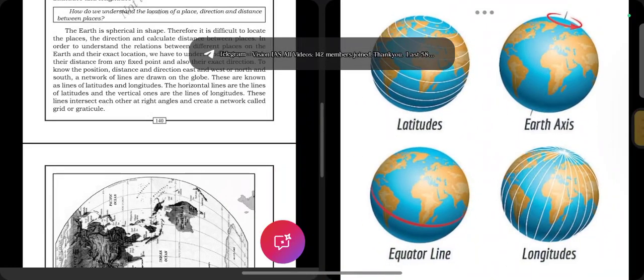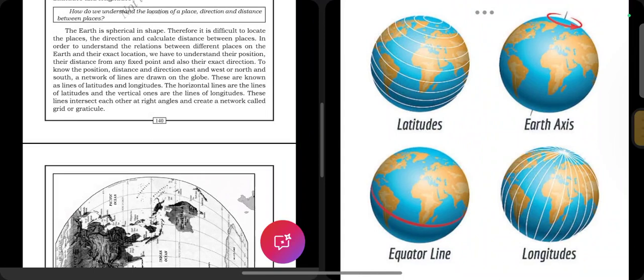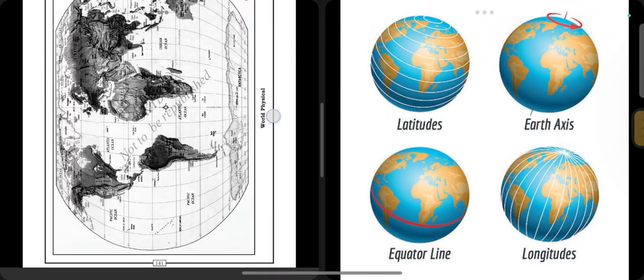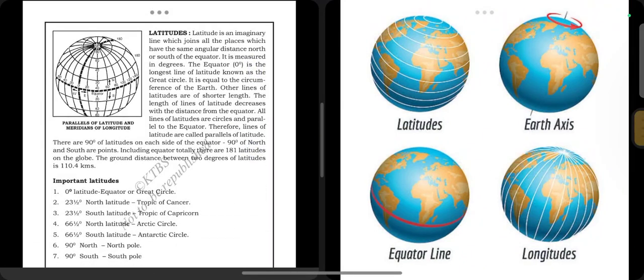So in this picture you can understand each and everything. Latitude 0 degree is known as the great circle, equal to the circumference line.